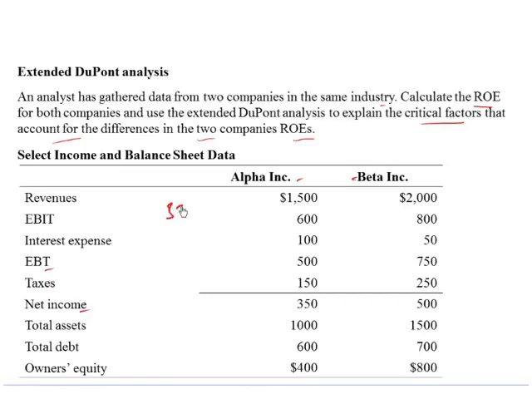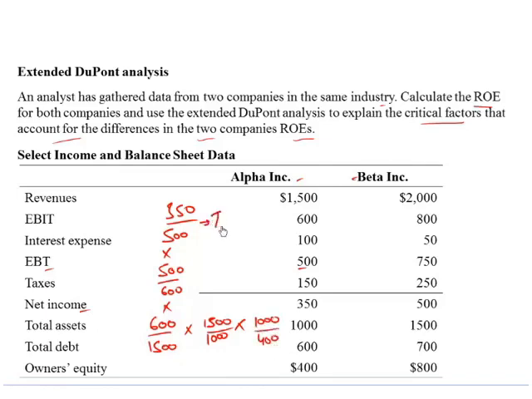So that will be 350 upon 500 as the tax burden, multiplied by the EBT upon the EBIT, that is the interest burden of 500 by 600, multiplied by the EBIT margin, that is 600 upon the revenues of 1500, multiplied by the asset turnover, that will be 1500 upon the total assets of 1000, multiplied by the leverage ratio, that is total assets upon equity, or 1000 by 400 for Alpha Incorporated.